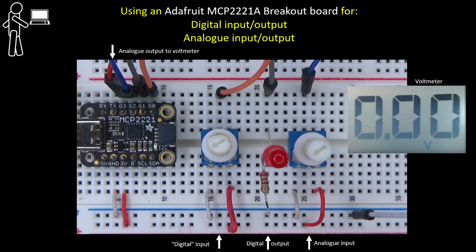And then we're going to do something similar with the analog input. We're going to have this here, the potentiometer, which we'll turn up and down, and its voltage will then be measured, and it'll be echoed via the analog output to the voltmeter. Nothing particularly clever.